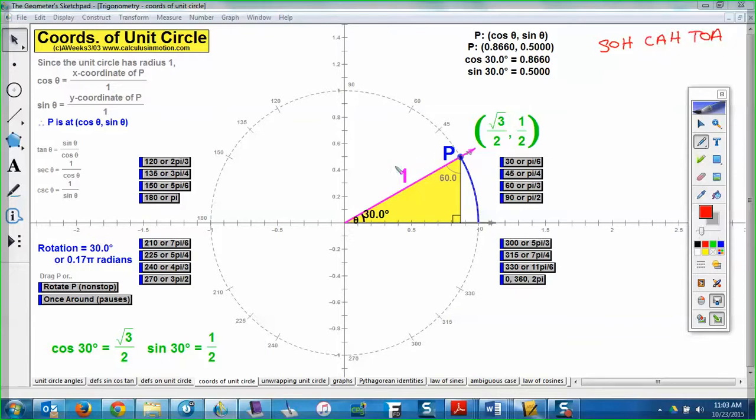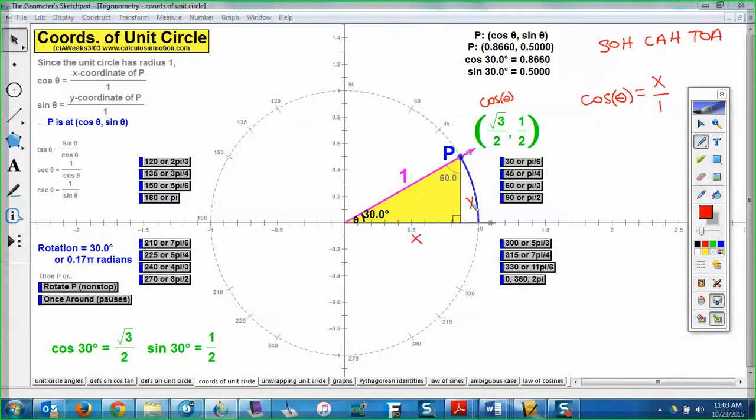So in the unit circle, the hypotenuse is always 1. Right? So when we talk about x and y, so cosine of, if this is our theta here, cosine of theta is x over 1, which means it's x. So the x coordinate is cosine. That's why we use the unit circle, because the hypotenuse is 1.